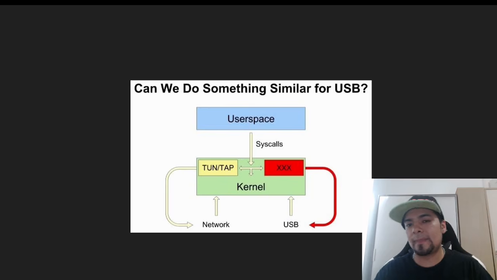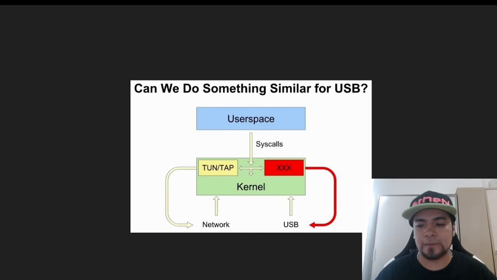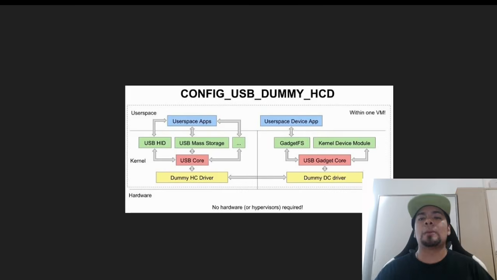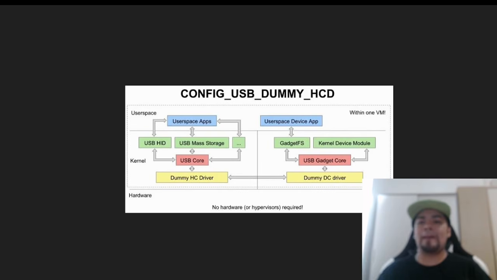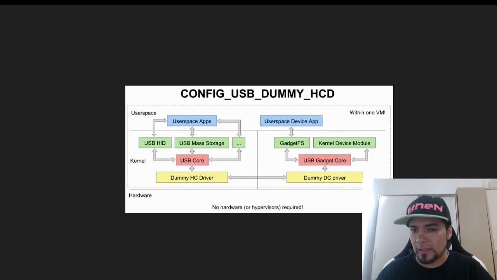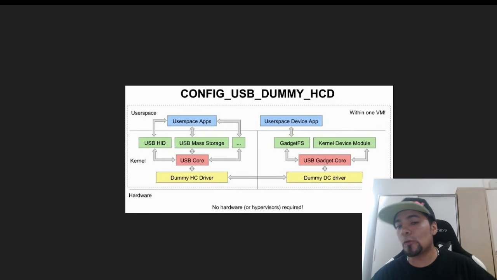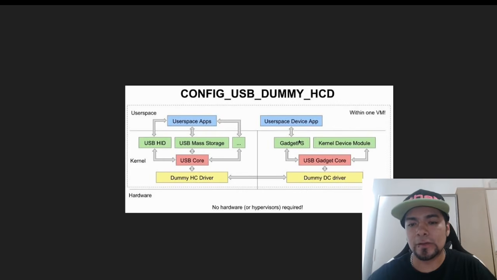That will be the setup that we should do. We need something from the kernel that emulates some device, and this device creates the USB messages, right? So in order to do this, there is a driver called Gadget FS that allows you to emulate USB devices in user space, as you can see here.